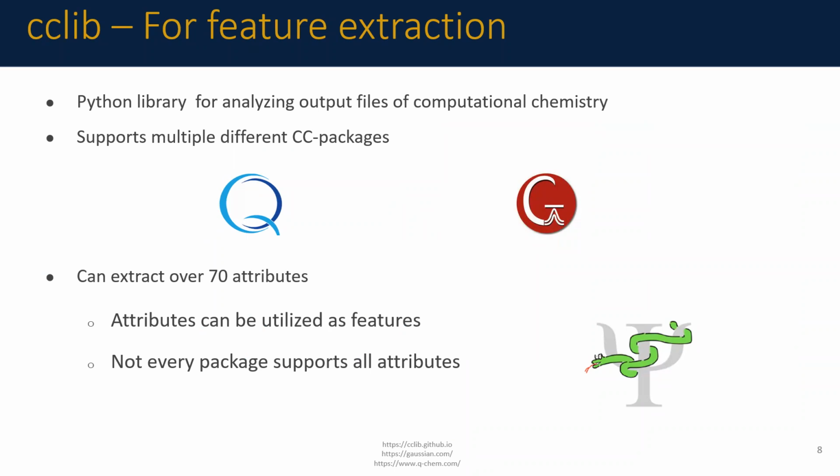On one hand, we have, for example, QChem, Gaussian, but also older things like Turbomole. And we can extract about 70 attributes out of those calculations. Not every attribute is supported from every package, but that's not a big deal. Everything can be looked up on the website. And yeah, most attributes are supported by Gaussian.